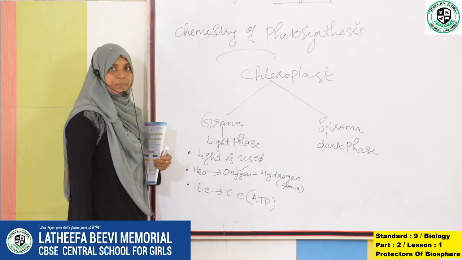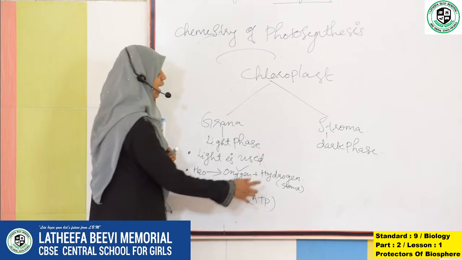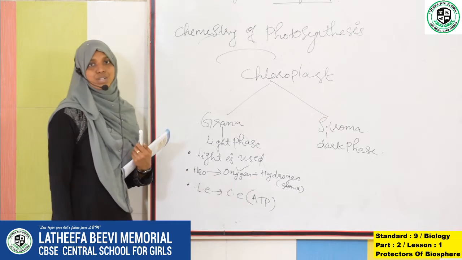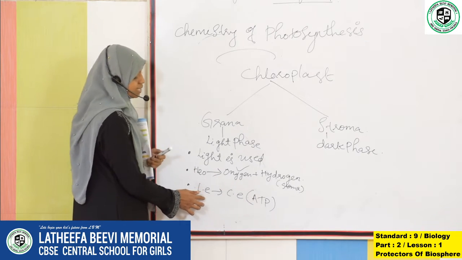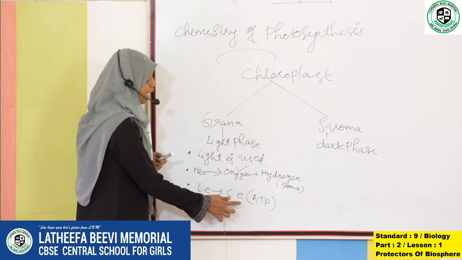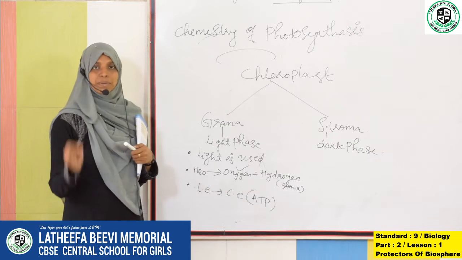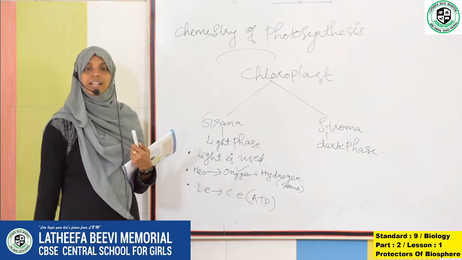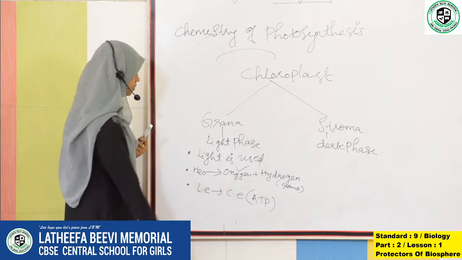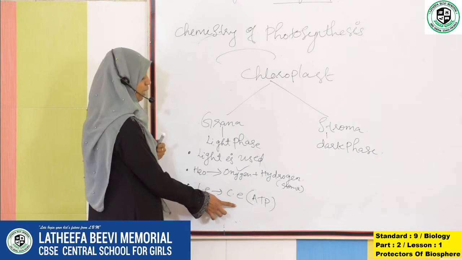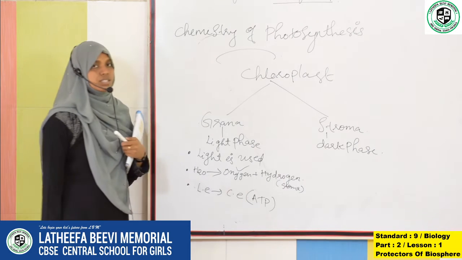Oxygen is released and hydrogen reaches the stroma. Light energy is converted into chemical energy and stored in ATP, the energy currency of our body.